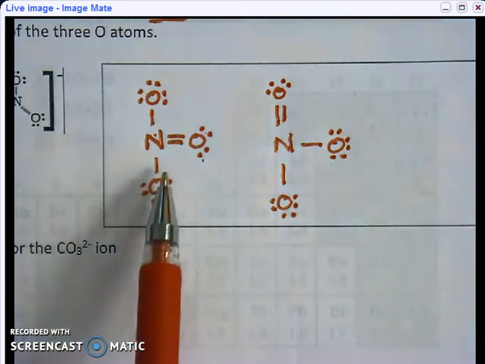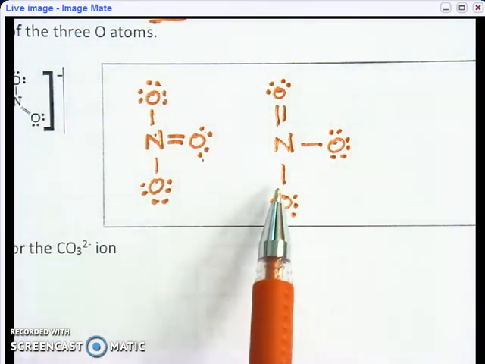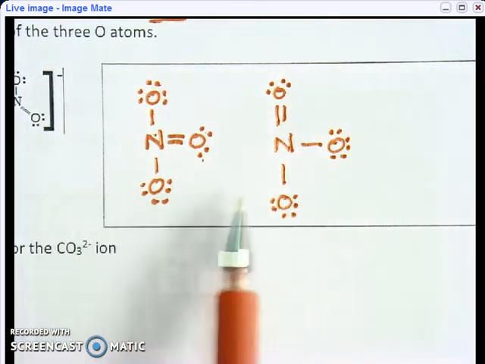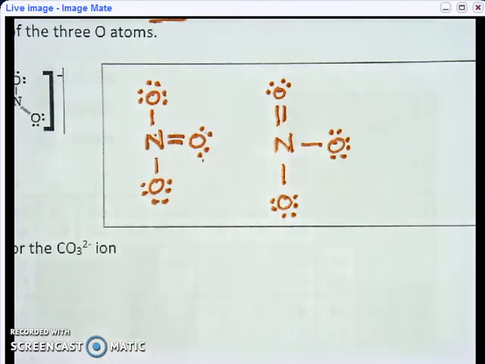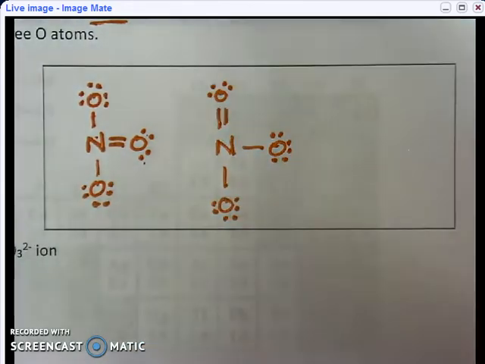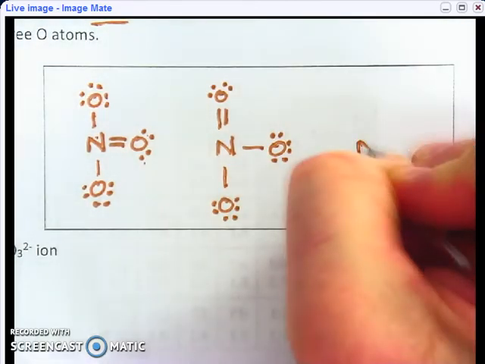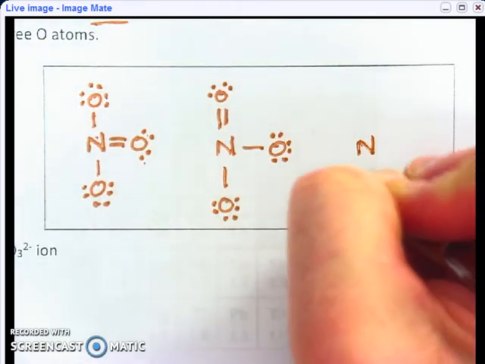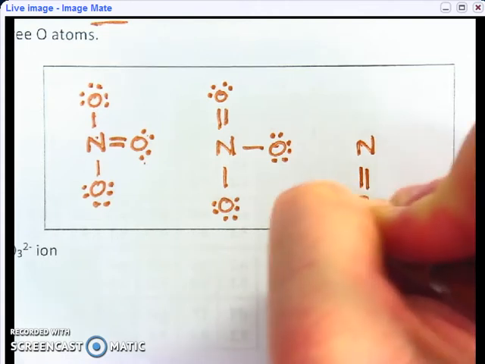So this is possible. This is possible, right? I mean, either one of those is possible. Well, then let's write the other one that's possible. That would be the double bond on the bottom.